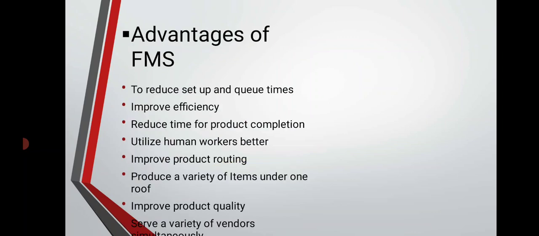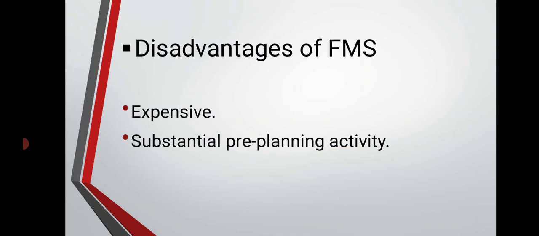Advantages of FMS: reduce setup and queue times, improve efficiency, reduce time for production completion, utilize human workers better, improve production routing, produce a variety of items under one roof, improve product quality, serve a variety of vendors simultaneously.